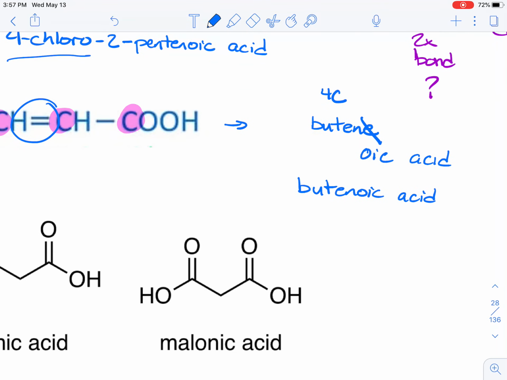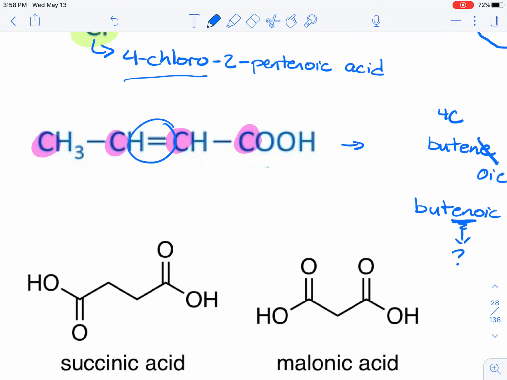And so we need to tell the reader where that double bond is going to be located in our carbon chain. And so if we take a look at our numbering system, here we have 1. Remember, carbon number 1 is always on the carboxylic acid. 1, 2, 3, 4.